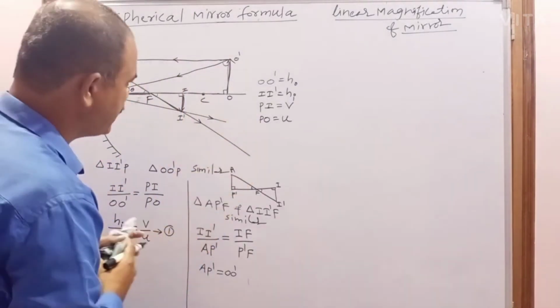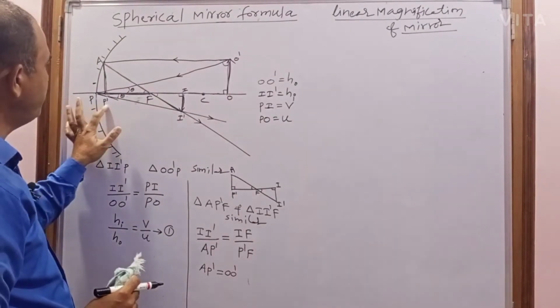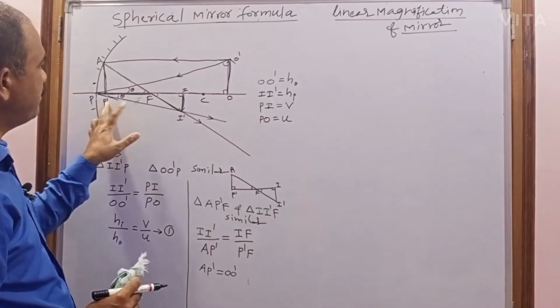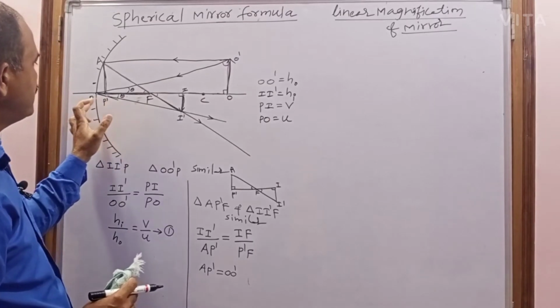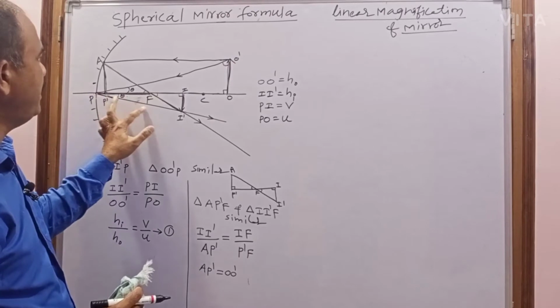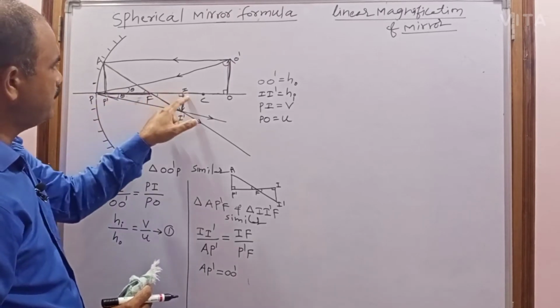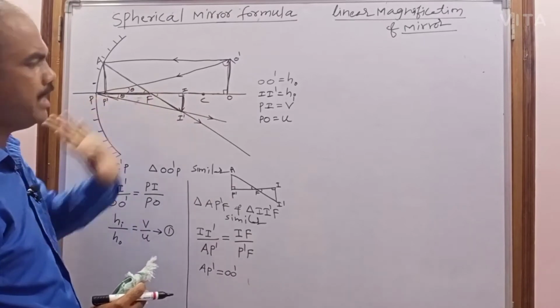In the case of paraxial rays, you can take P dash as the same as P. So the distance between P dash and F is the same as between P and F, and the distance P dash I is the same as PI.